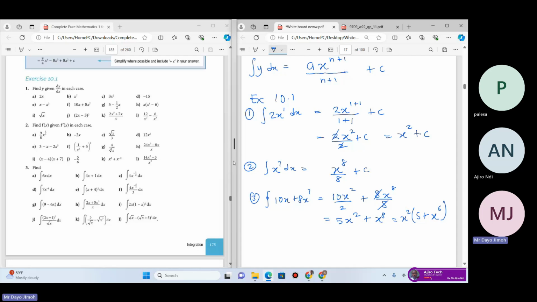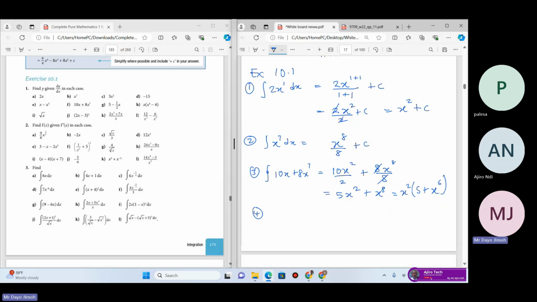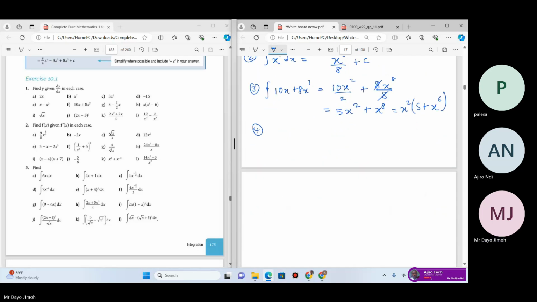Now, if you have number 4, if you have the integral of x into x to the power 4 minus 6, what do you do? It becomes x over.